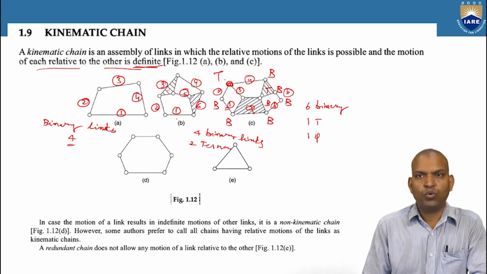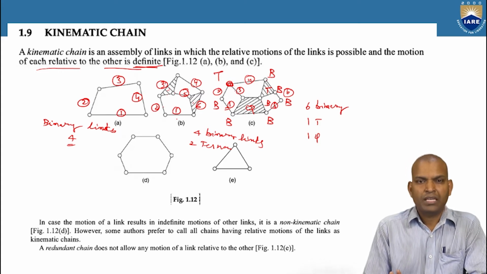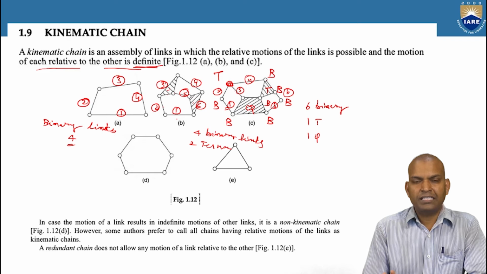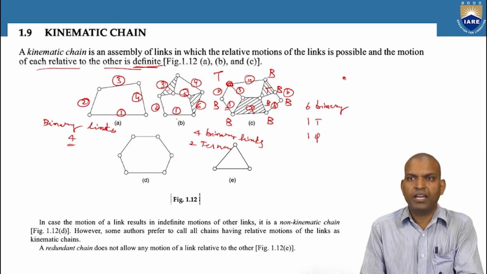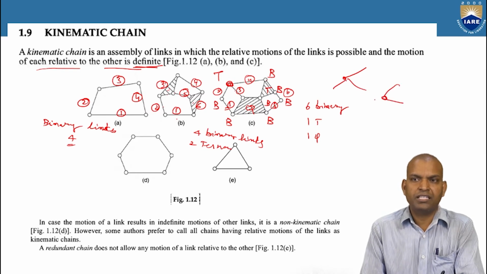So here only one ternary joint, and the remaining are all binary joints. The joint is entirely different from a link. The joint is the node where a number of links are connected. If 2 links are connected at the joint, then it is known as a binary joint.